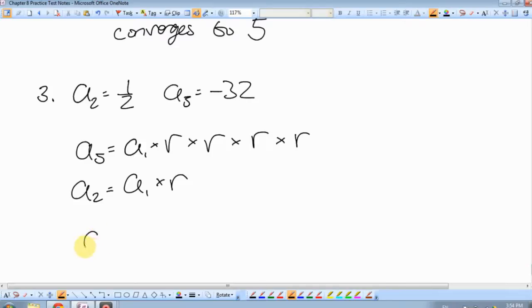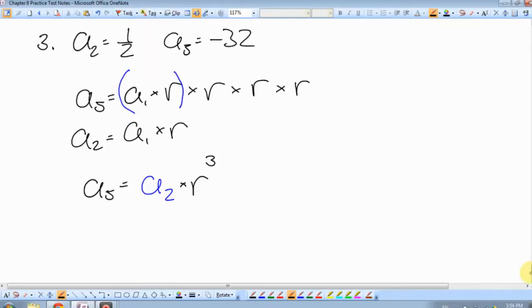That means A5 is going to be equal to A2 times R cubed. Okay, negative 32 equals 1/2 R cubed. Times 2. Negative 64.